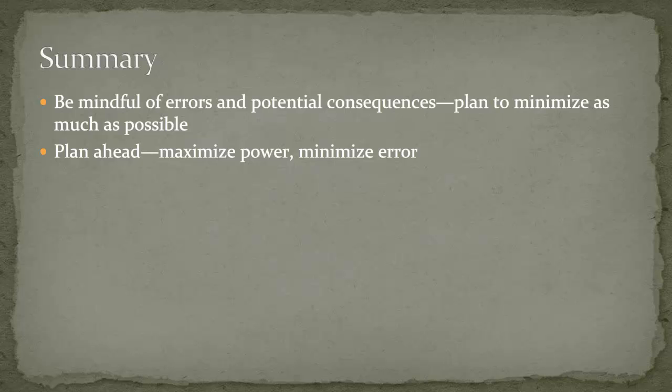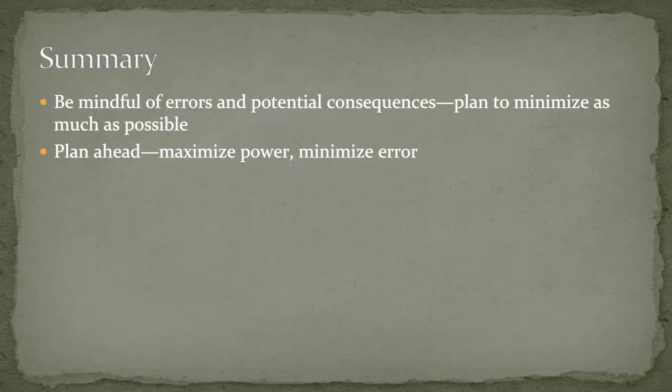The other take home from this lecture is that you have to plan ahead when you conduct a research study. You want to maximize your power, increase your sample size, you want to minimize your errors, try to avoid them altogether if you can, if you're dealing with drug trials and all of those kinds of things.